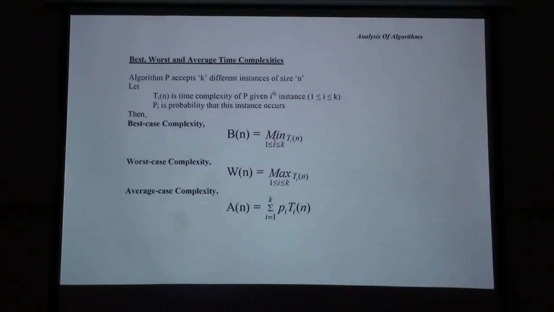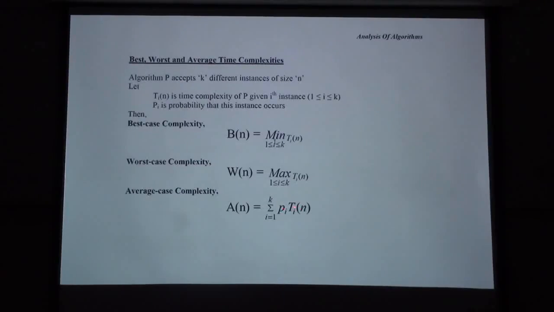The most important one, the one we'll spend the most time on in this class, is the average complexity of an algorithm given a problem of size n. That is going to be the sum of the products of the complexity of the instance times the likelihood or probability that that instance occurs. So across all the instances, multiply each probability by its time complexity or instruction count, if you will.